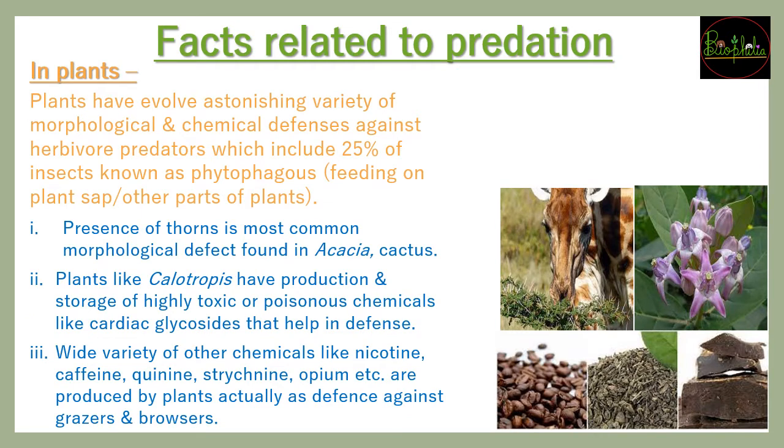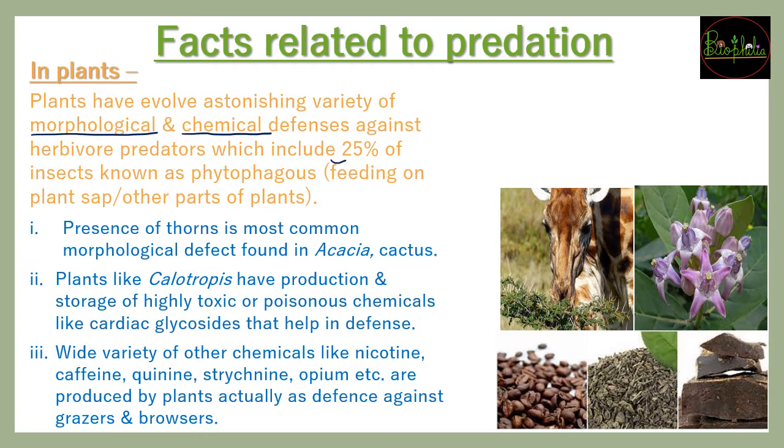That was about the animals that we saw. Even plants are going to get preyed upon. Herbivores eat plants. So even plants are going to develop some techniques to save themselves. So plants are going to have their morphological or chemical defenses. That way the herbivore predators are not going to be eating them.